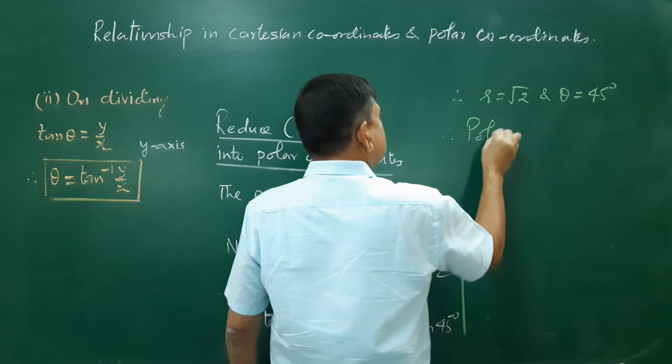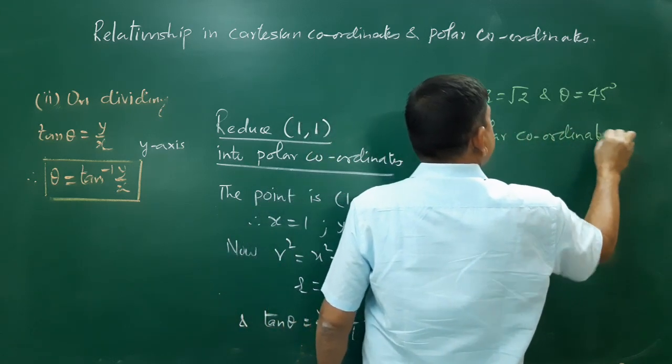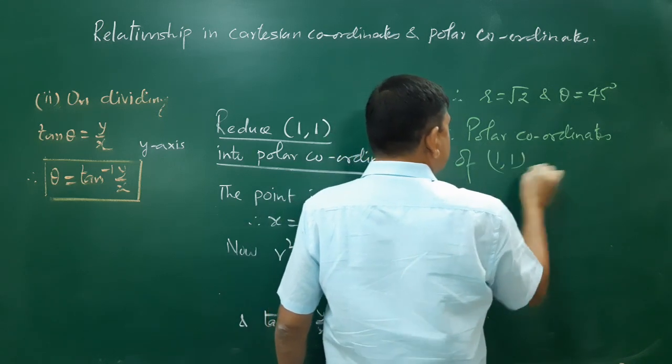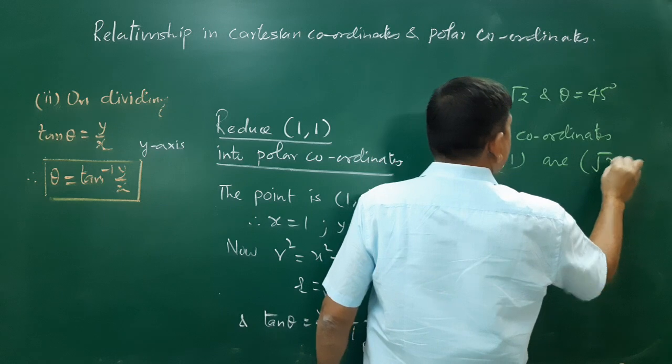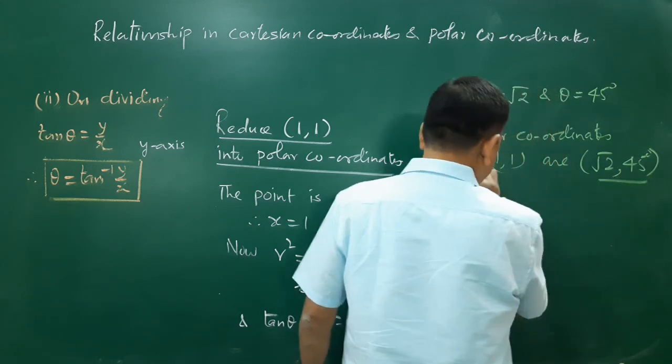Therefore, polar coordinates of (1, 1) are root 2 comma 45 degrees.